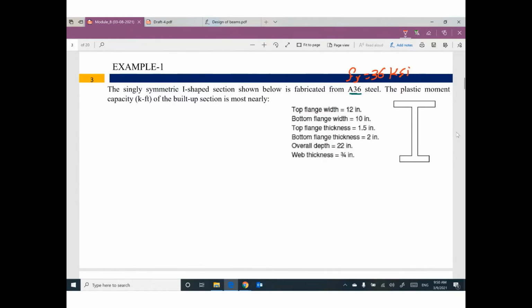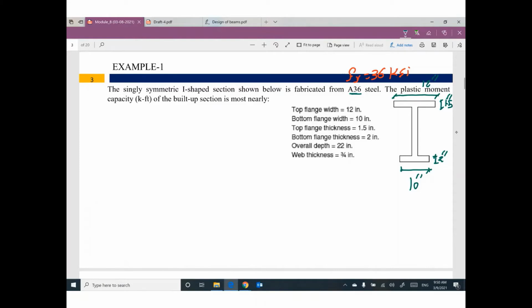Everything is given about this cross section. The top flange width is 12 inch. The bottom flange width is 10 inch. The top flange thickness is 1.5 inch. The bottom flange thickness is 2 inch.